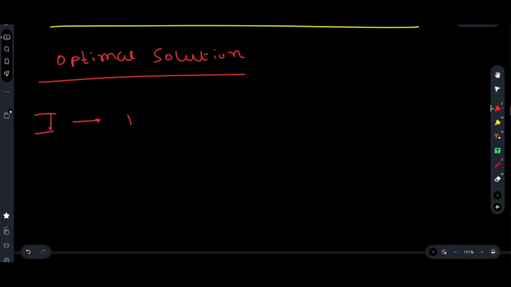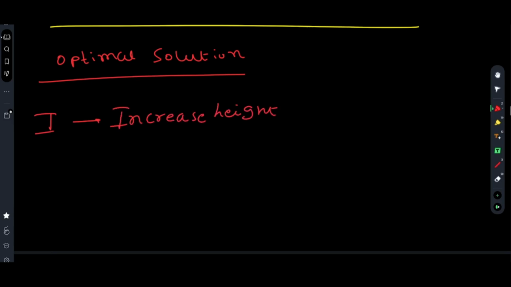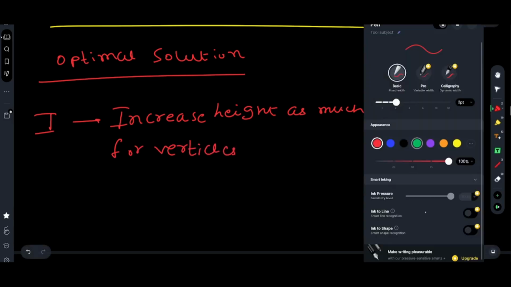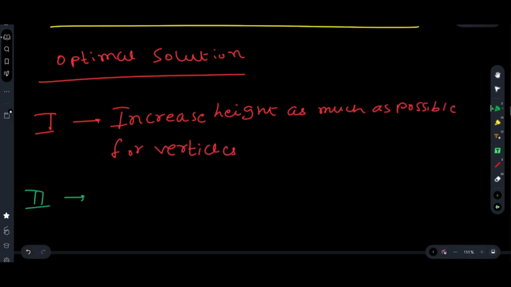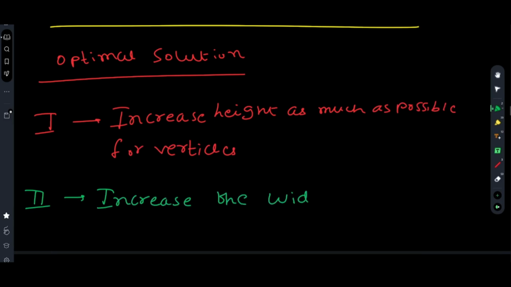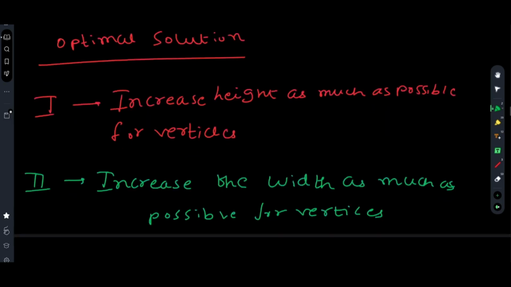Condition one, increase the height as much as possible for verticals. And the other condition is to increase the width as much as possible for verticals.